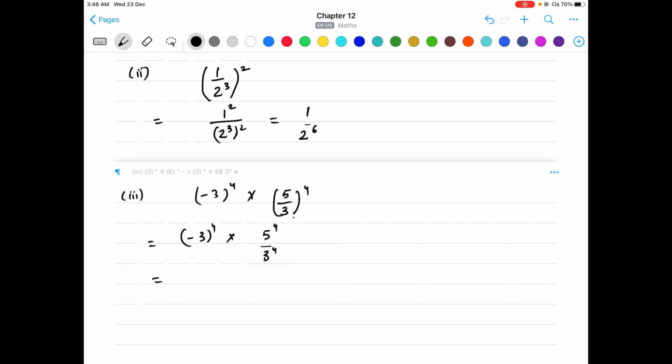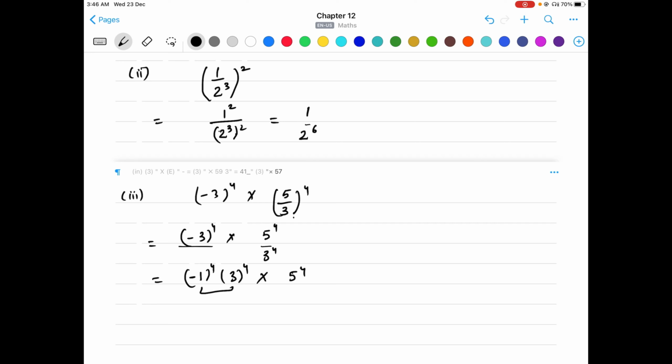Or taking minus outside from here, we have minus 1 power 4 into 3 power 4.